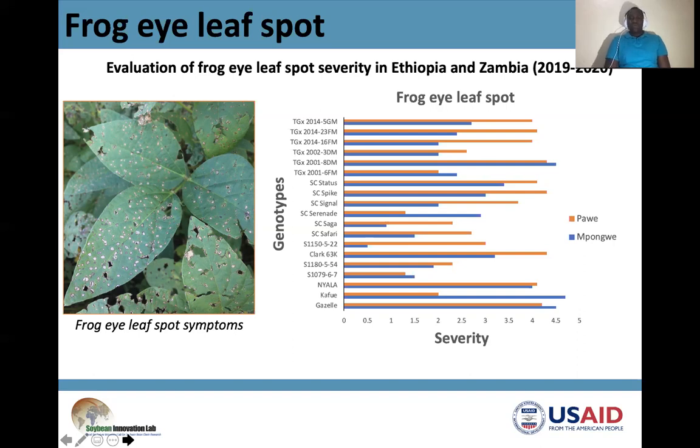Some of these genotypes include Serenade, SC1150, and SC Saga, which had lower severity of less than 1.5. This means they might be potential sources of resistance, and further research is required to see if these varieties can be used as sources of resistance in the breeding programs in Africa.